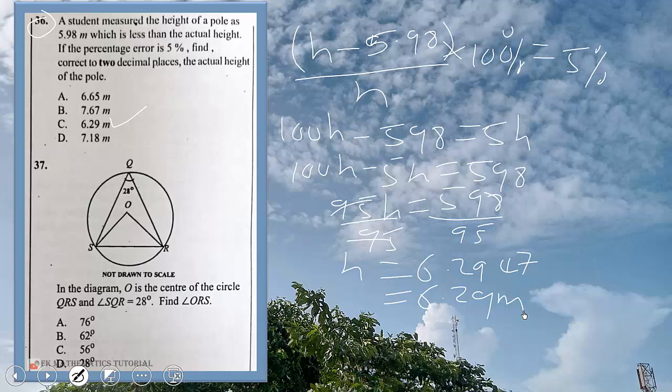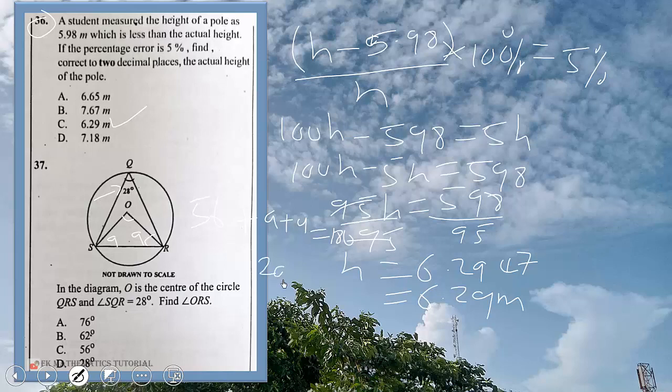In the diagram, O is the center of the circle QRS and angle SQR is 28 degrees. Find angle ORS. So let angle ORS, this angle, be A, and this one will be A. And this will be 2 times 28, which is 56. So 56 plus 2A should be equal to 180.